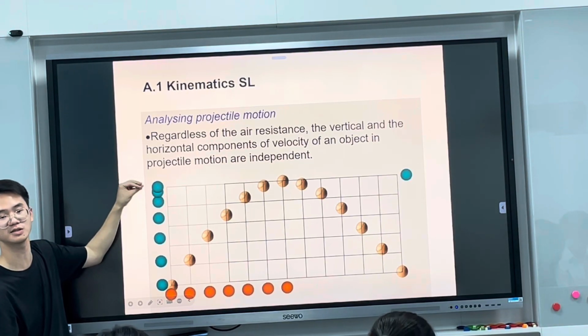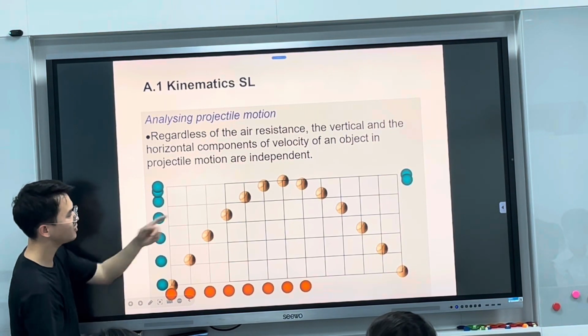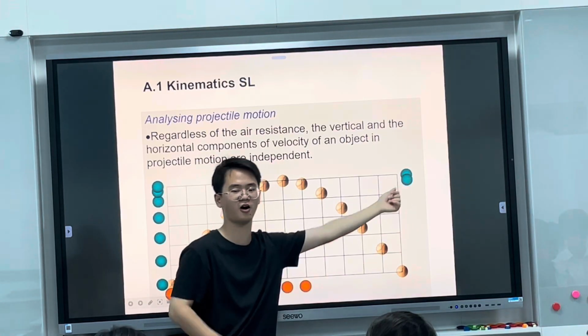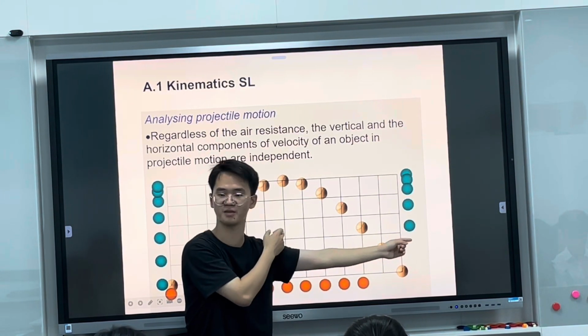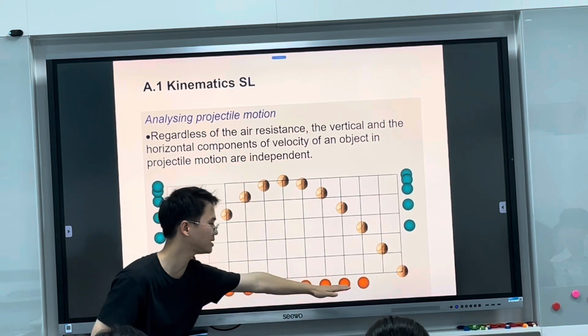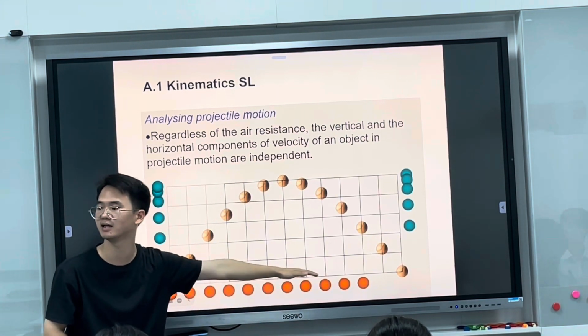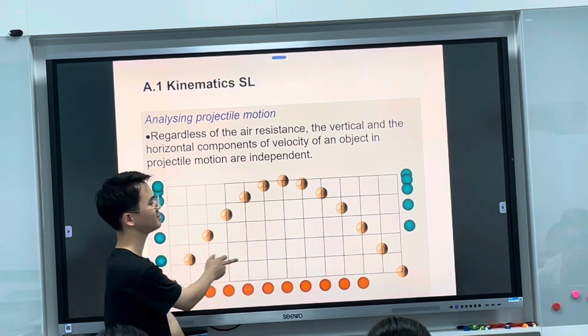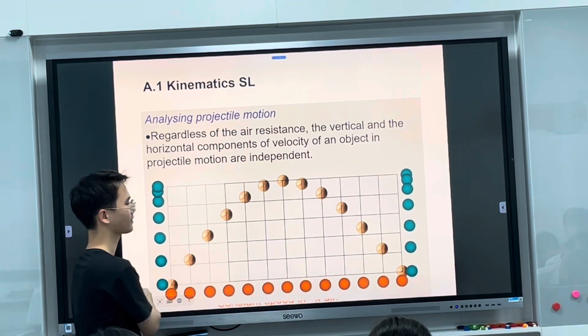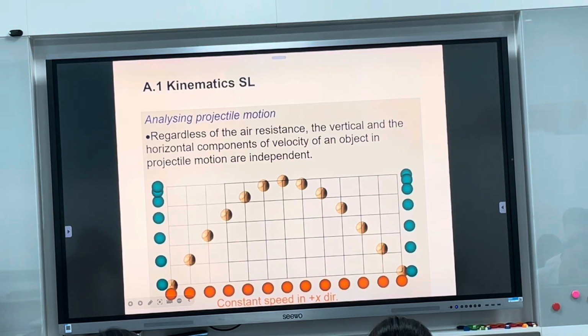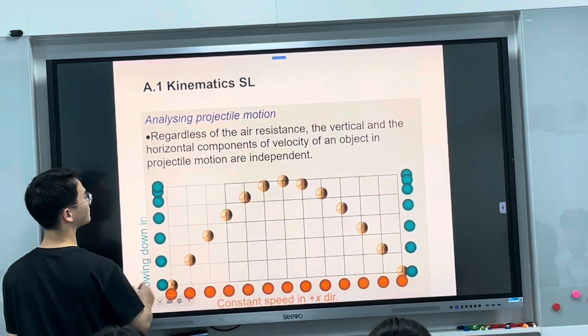When it reaches the maximum height, it starts to fall, and each time it falls further and further because it's speeding up. But horizontally it's still moving the same amount of distance each time. Does that make sense? Questions? We're good? Okay.